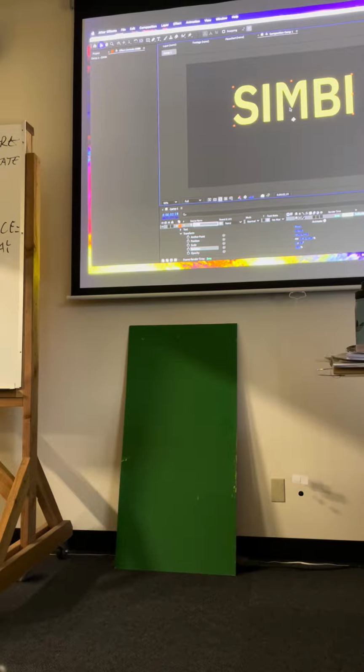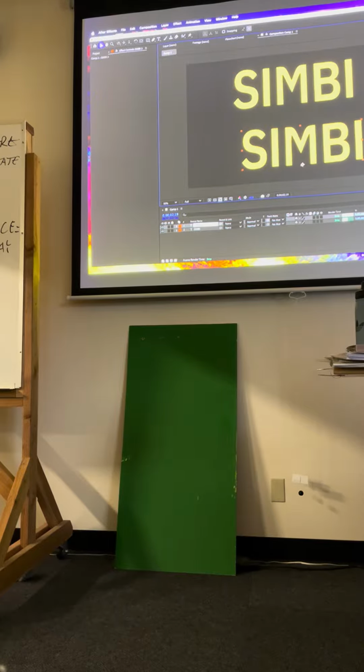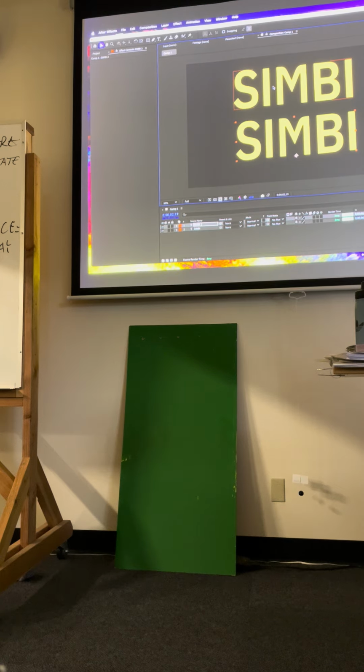Now, let us duplicate this text for a second. So Command D, and then drag the other one down. There's different ways of making things appear. So the top one, watch this. I'm just going to have it appear with the transform controls.